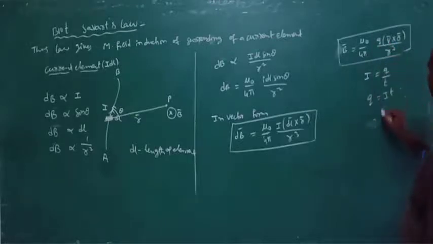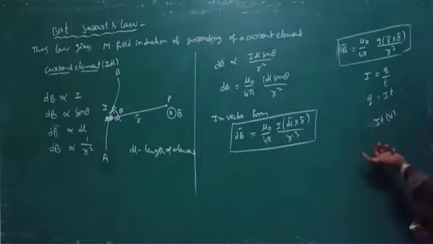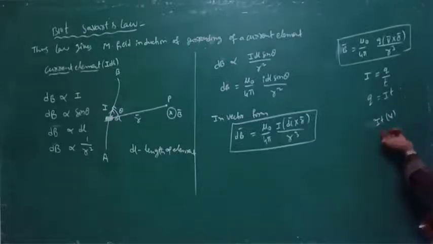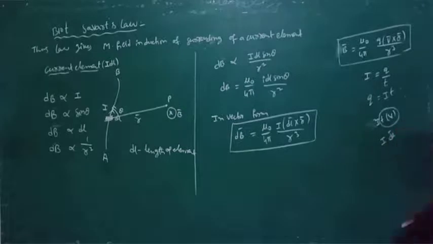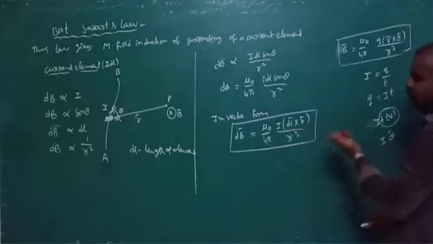Then substitute here I into t into v. v means velocity. Velocity is distance by time, so distance is velocity into time. Velocity into time we can write as the distance, I dl bar.